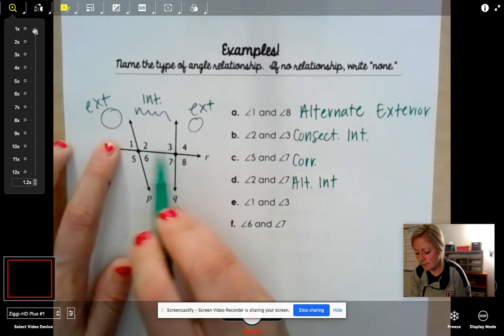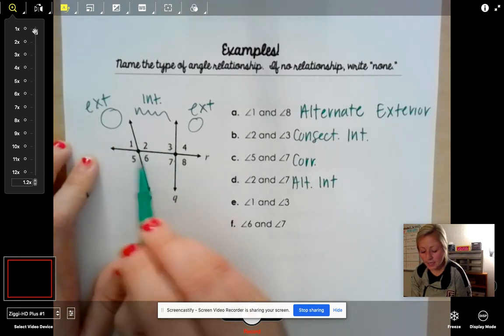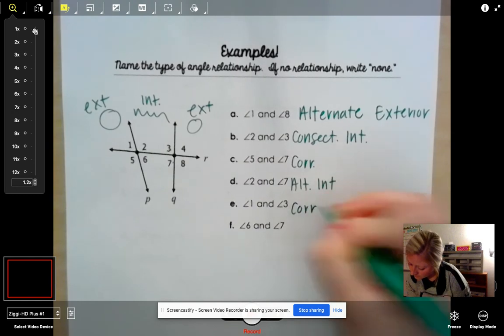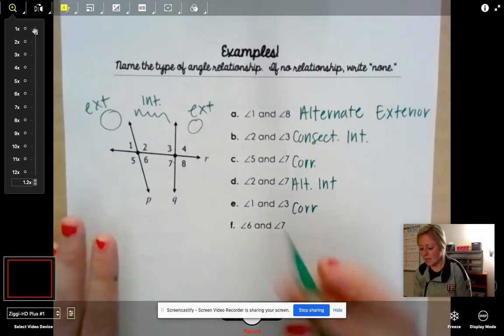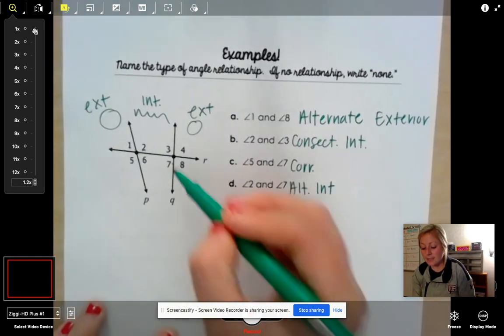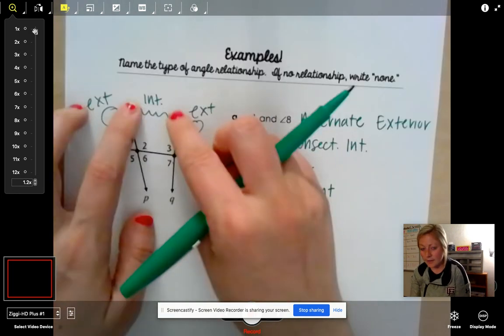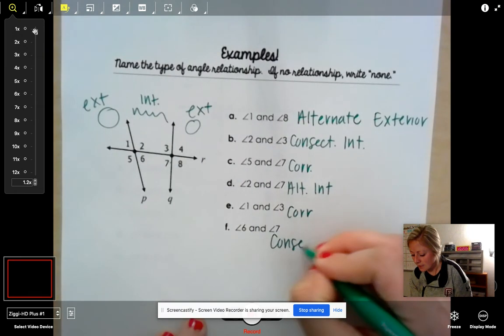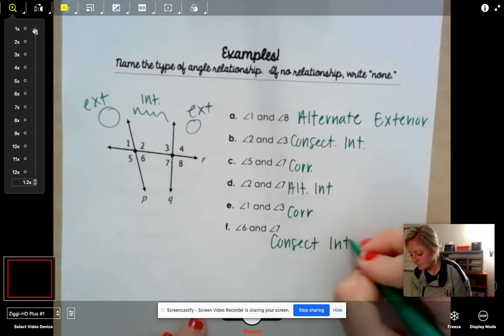Angles 1 and 3, they are in matching spots, right? Top left corner, so they are corresponding. And then our last one for this example, 6 and 7, they are on the same side of that transversal on the inside, so they are consecutive interior angles.